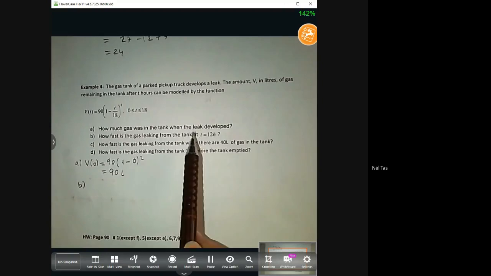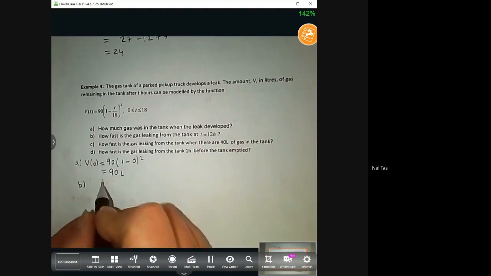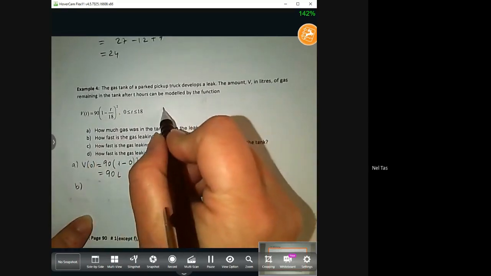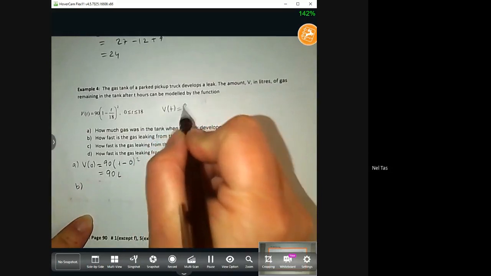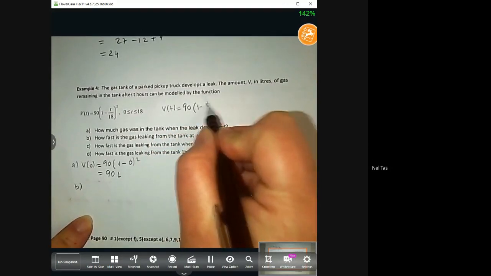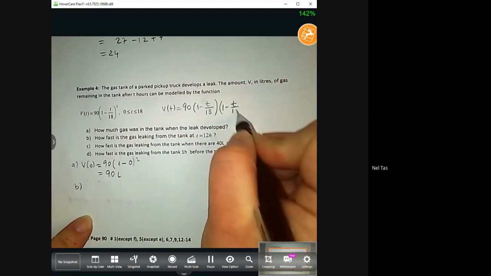They're asking at time t = 12 hours. Okay, so let's take the derivative. Again, you don't know the power rule yet. So therefore, I will write V(t) as a multiplication of (1 - t/18) times (1 - t/18).